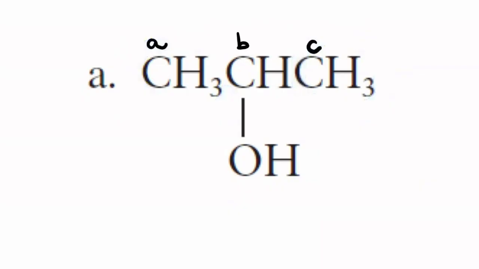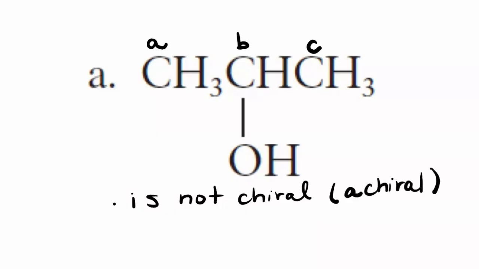Since we have the same cluster of atoms on the left and on the right of the molecule, carbon B is not chiral. So overall, this molecule is not chiral. The term is to say that the molecule is achiral, and there are no chiral centers in it because there are no chiral carbons.